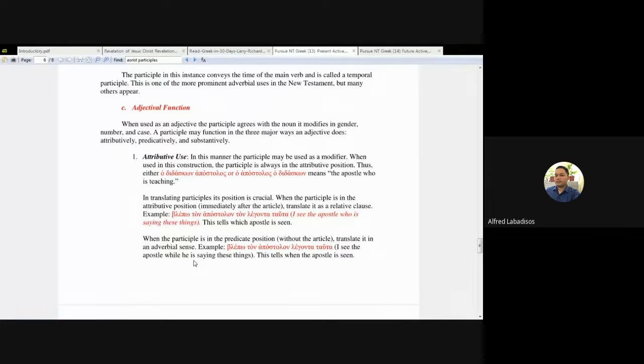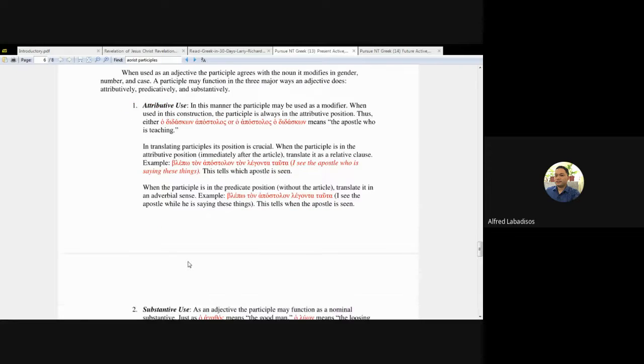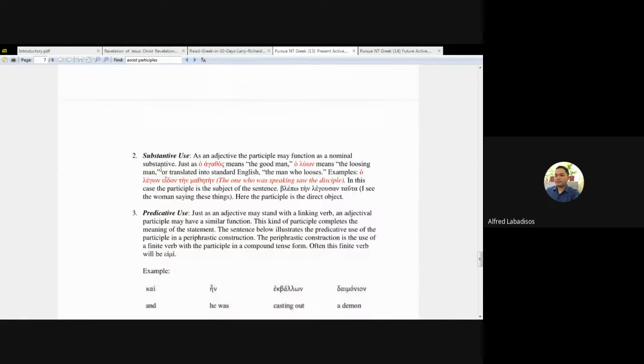So take note: if there's no article with the participle, translate it as adverbial. If there is an article, then it is either attributive use or substantive use. The second one, substantive use. As an adjective, the participle may function as a nominal substantive, just as ho agathos means the good man, ho luon means the losing man, or translated into standard English, the man who loses.